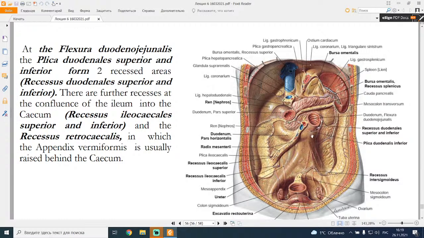What you see: recessus duodenalis superior, inferior, plica duodenalis inferior, and recessus iliocecalis superior and inferior.